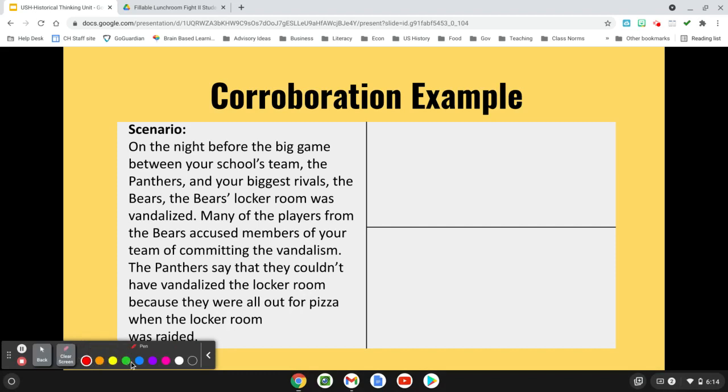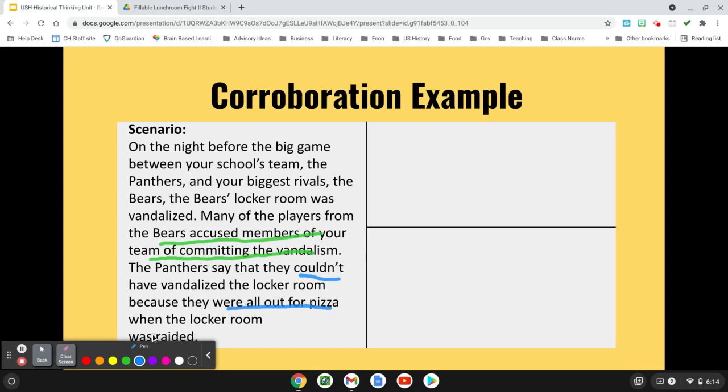So we have two different claims in this reading. First of all, the Bears are accusing members of your team of committing the vandalism. But the Panthers have a different story. They say they couldn't have done it because they were all out for pizza when the locker room got vandalized.